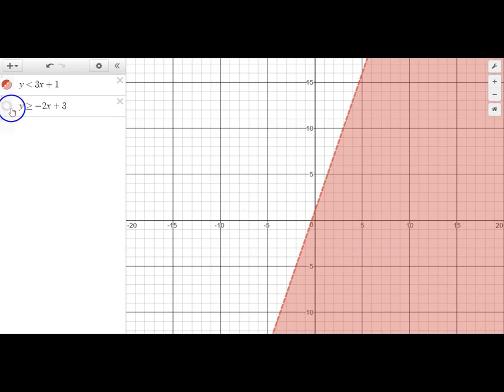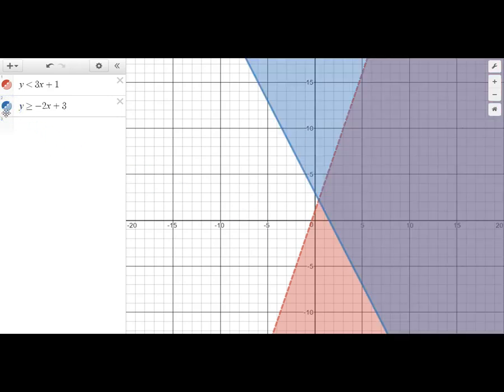Then if we go back to our second equation, where y is greater than or equal to negative 2x plus 3, it's shown here with our graph. It's a solid line, and remember we also picked the point 0, 0, and we said it was not true for this equation, so we had to shade the opposite side, which is this one here.